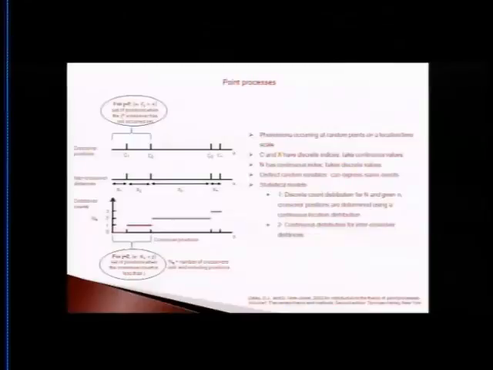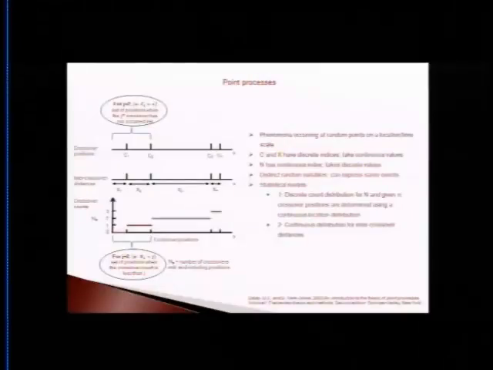The third definition is in terms of crossover counts, where a discrete count distribution for N, the number of crossovers, is attached. And given N, the crossover positions are determined using a continuous location distribution.